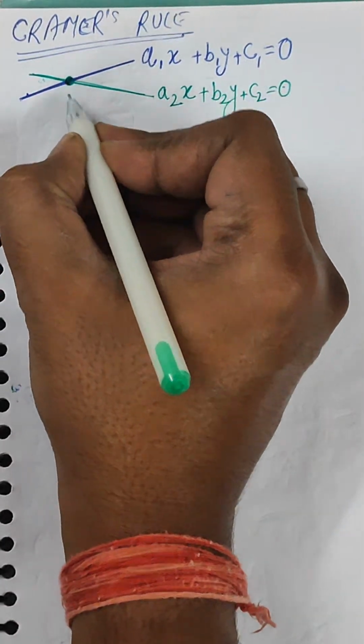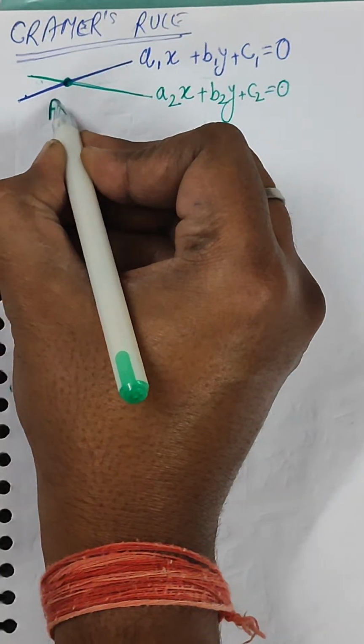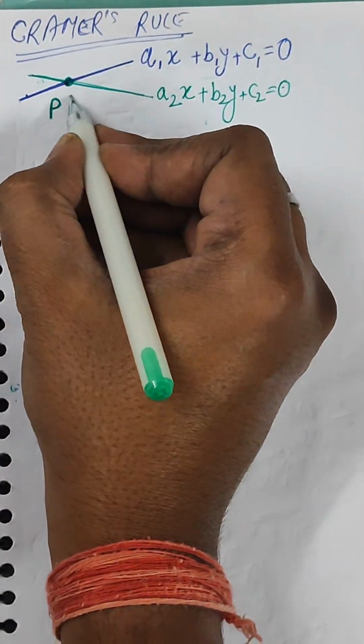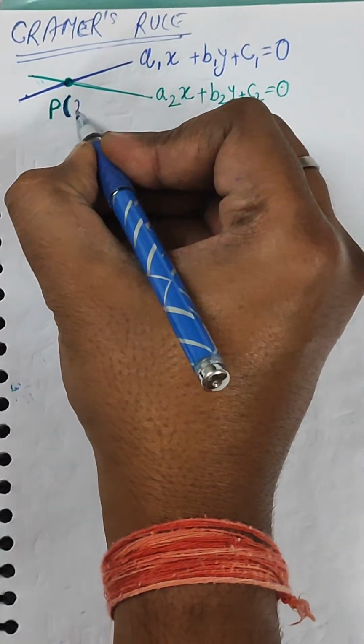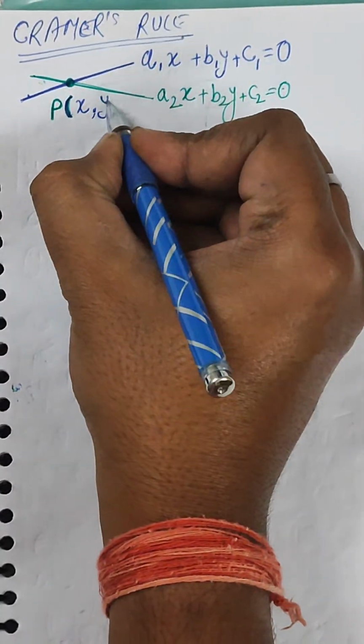Let us say this is the point of intersection, P is that point, and the coordinate of this point is nothing but x and y.